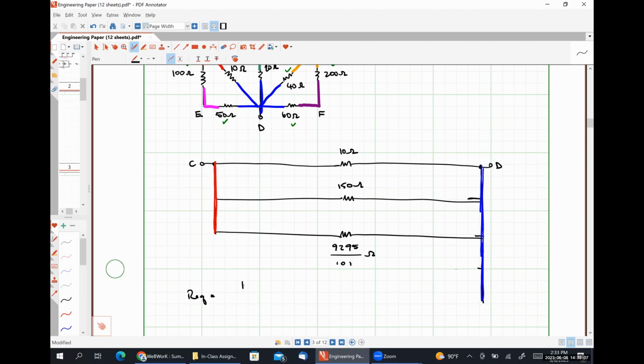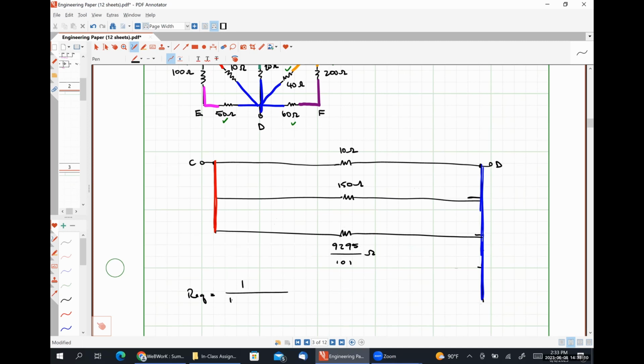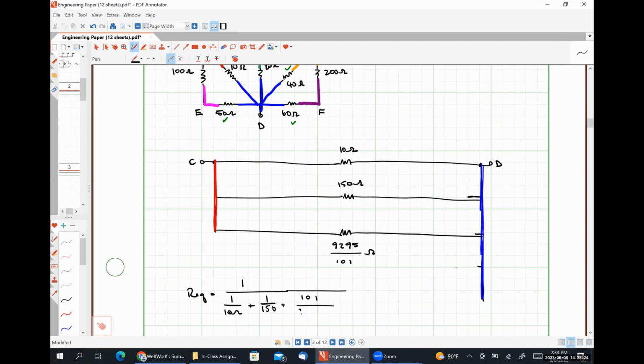So I'm just going to have 1 over 1 over 10 plus 1 over 150, and then I'm going to have 101 over 9295.